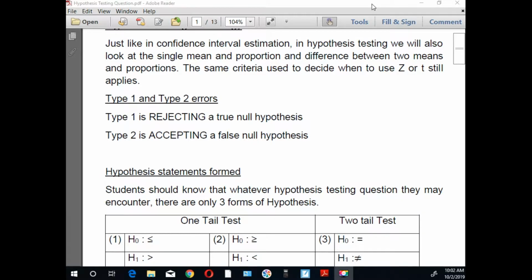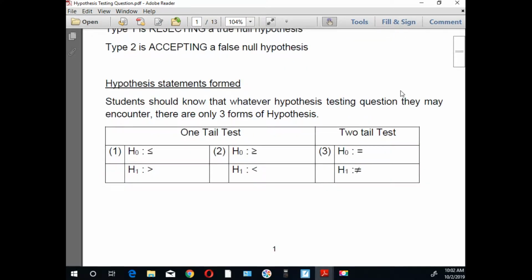Now to make your life easy, you must know that when you are formulating the null and alternative hypothesis, which is the first step of any hypothesis question, there will only be three different types. Only three.